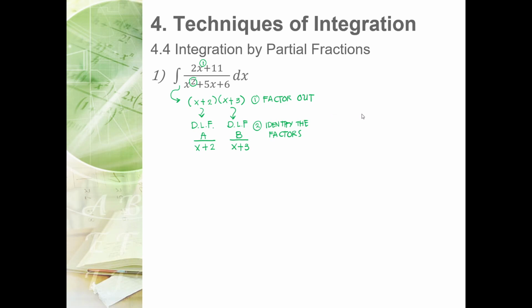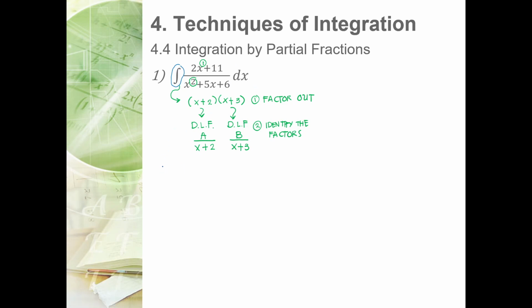Next, we're going to solve first the partial fraction before integrating your equation. So ignoring first the integral sign, we apply it later once we have reached the partial fraction decomposition.